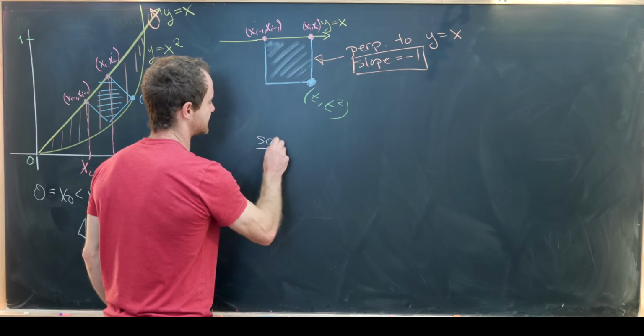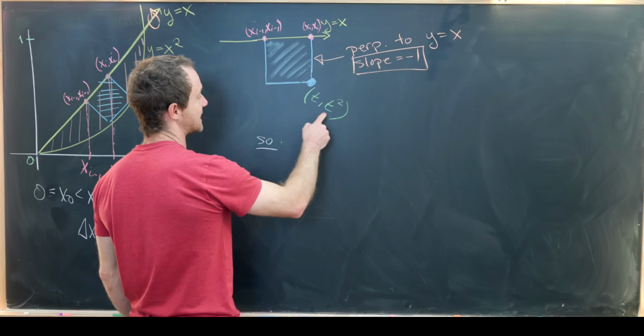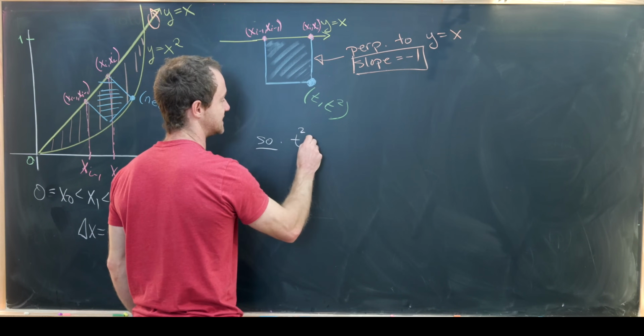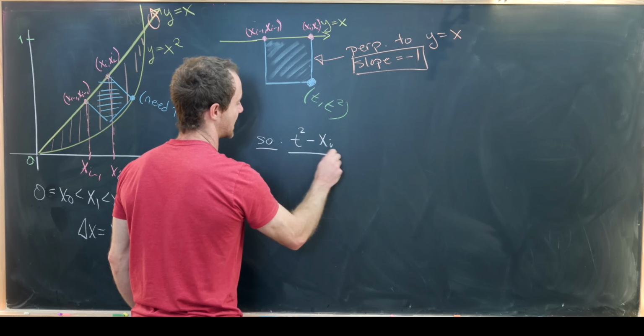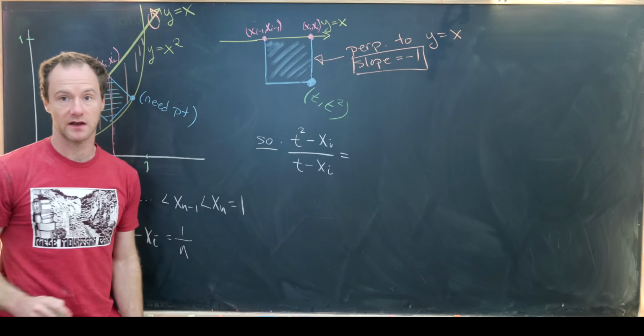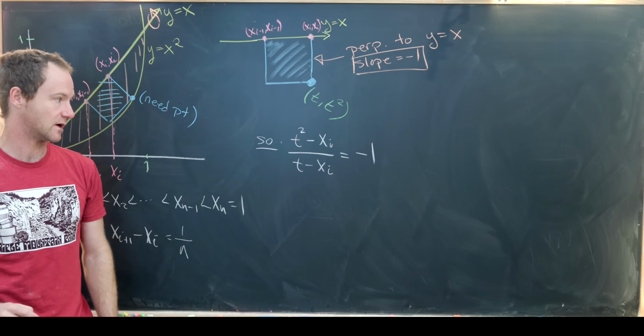So let's do that. On one hand, the slope can be calculated as change of y over change of x. So that's going to be (t squared minus x_i) over (t minus x_i). And on the other hand, we know that the slope has to be -1. So that's equal to -1.